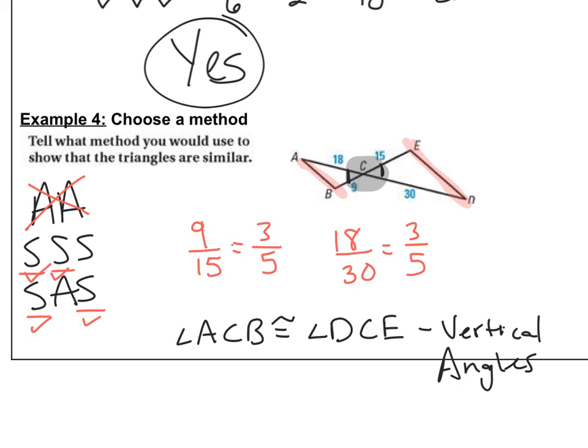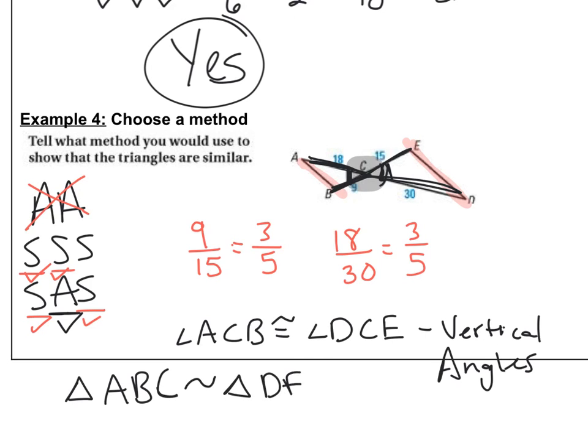Because of that, I now know that I can solve this for side-angle-side, because I have my side here, and the angle in between. Side, side, and the angle in between. So I could say triangle ABC is similar to triangle, and we have to make sure we say it the right way, DEC, by side-angle-side.